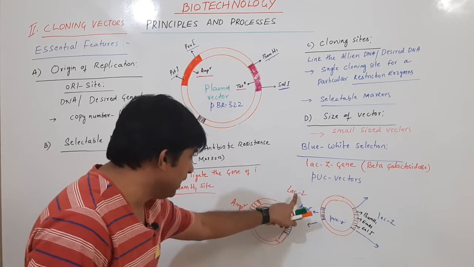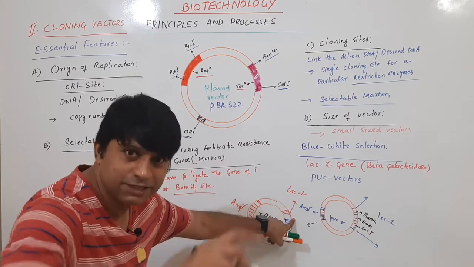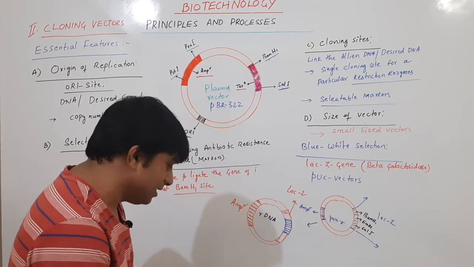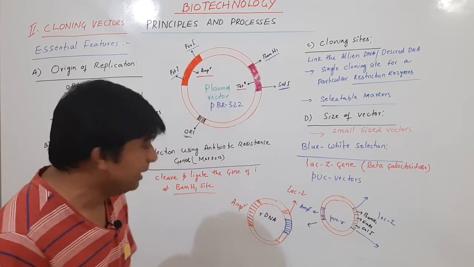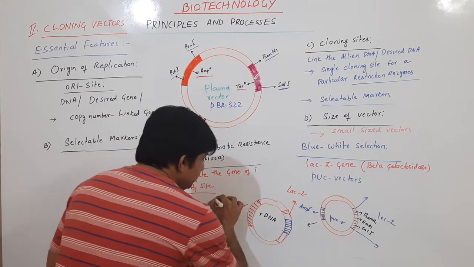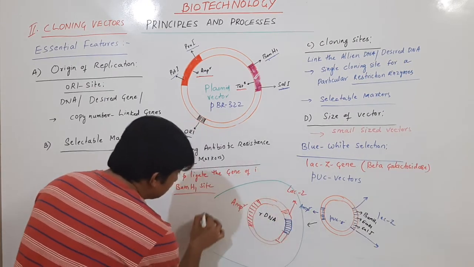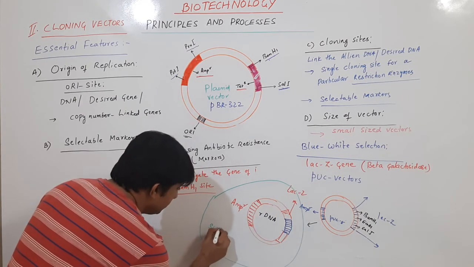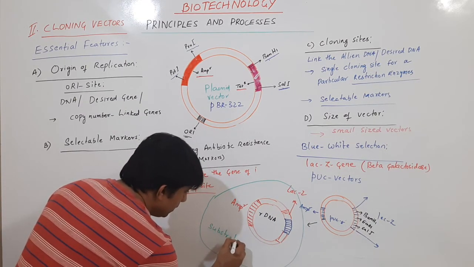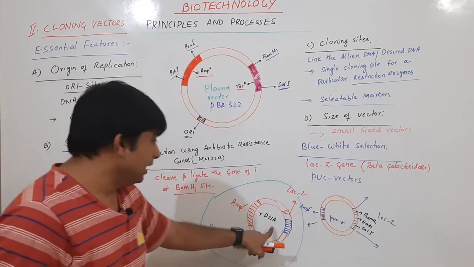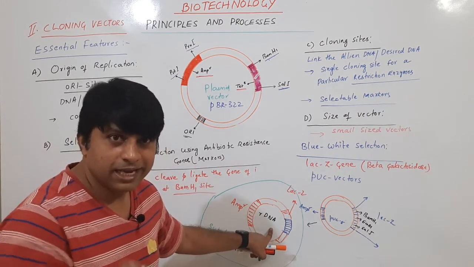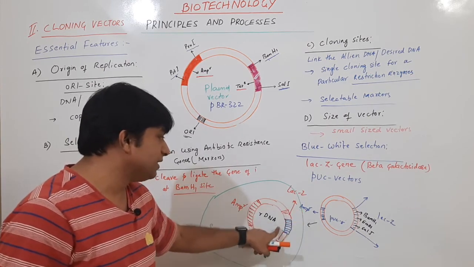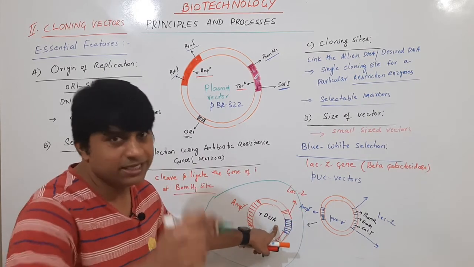Now, because the lacZ was cleaved at this place, if a host containing such recombinant DNA is placed in a medium containing the substrate, it will not give blue color; it gives white color colonies because of the absence of the lacZ gene, that is, the beta galactosidase enzyme.